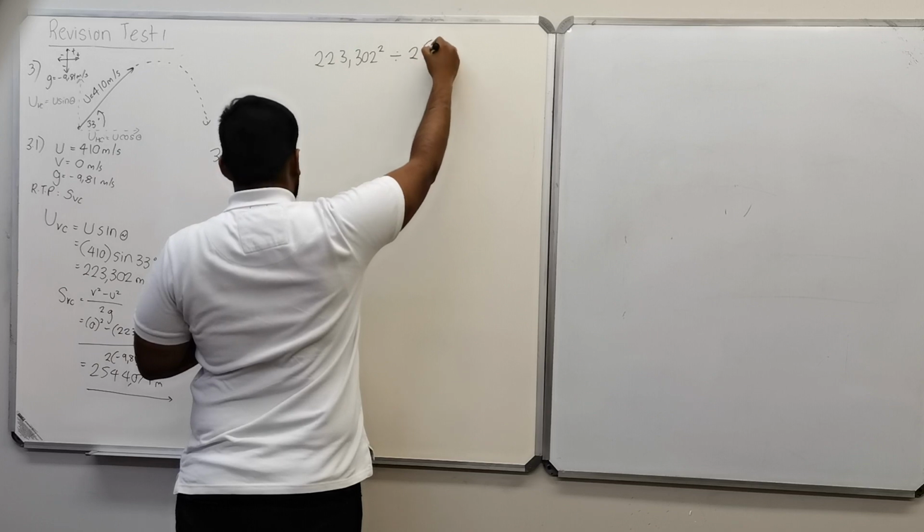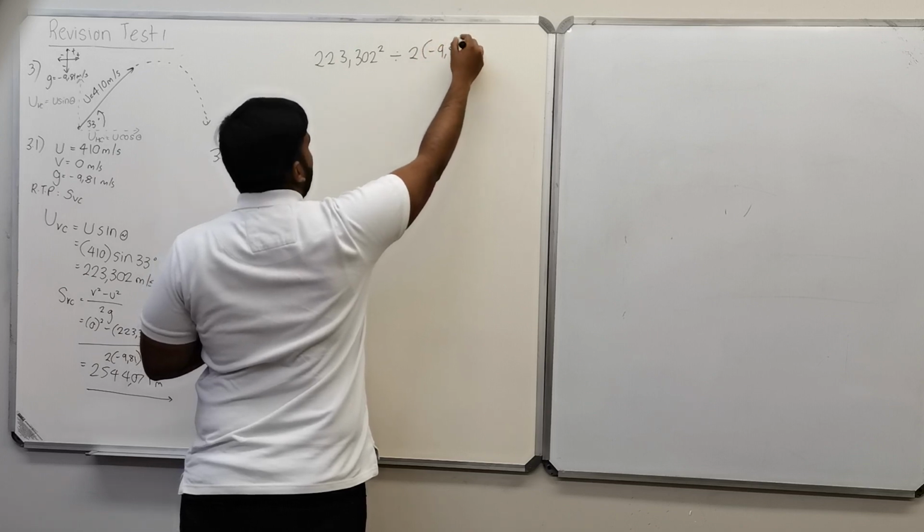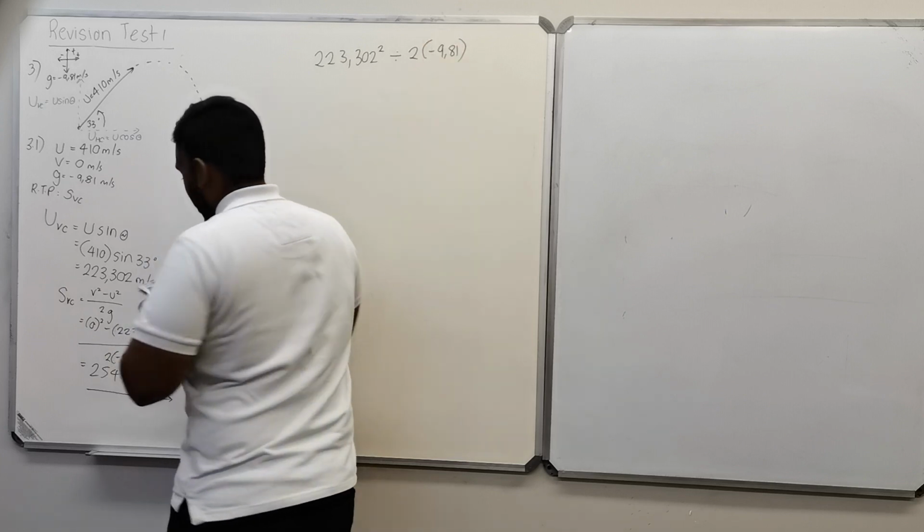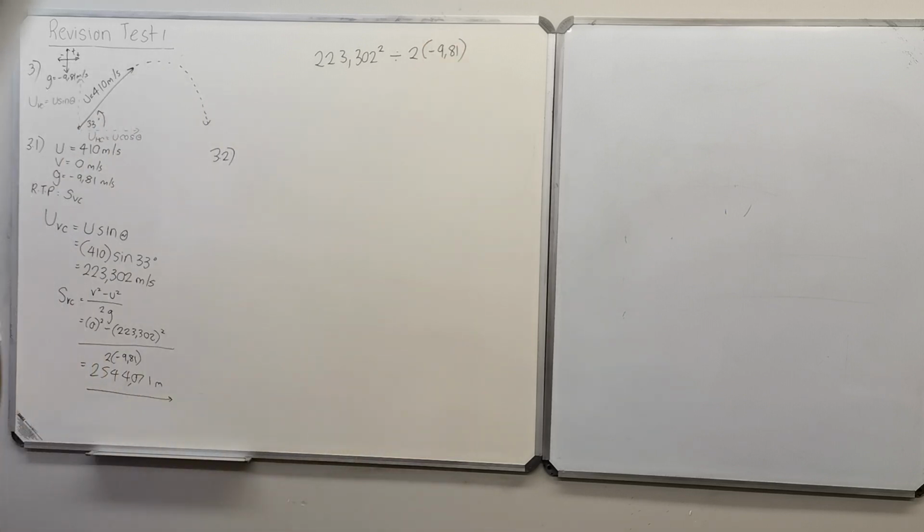When you do it like this without your brackets, let's get the 9.81 first, then multiply by 2. What it does is it divides. See BODMAS rules, it would work out your brackets first.